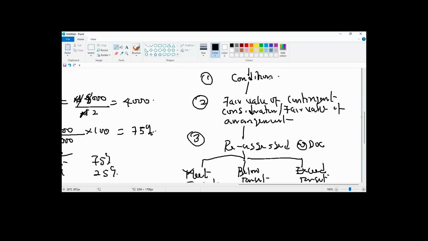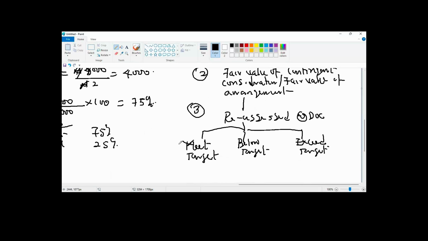The baby. What is he promising if you get married? I will now reassess it at the end. If you get pregnant, you meet target. If you don't, below target. If you get a baby with three children, exceed target.